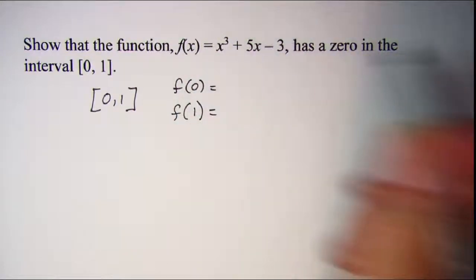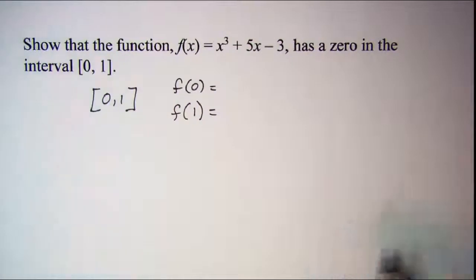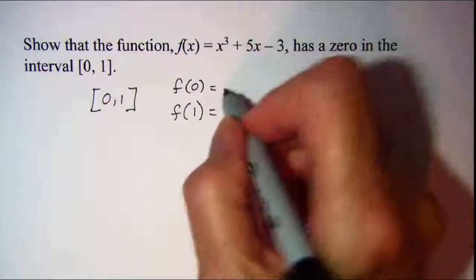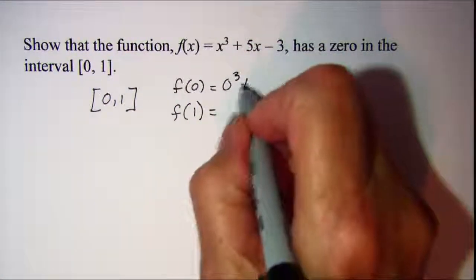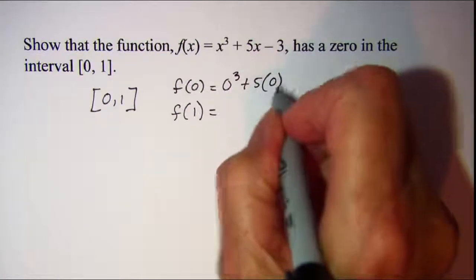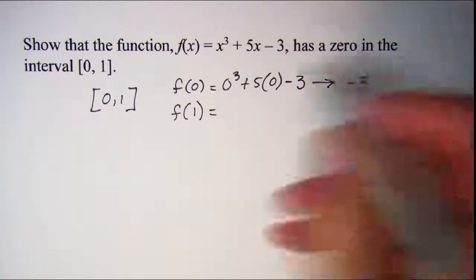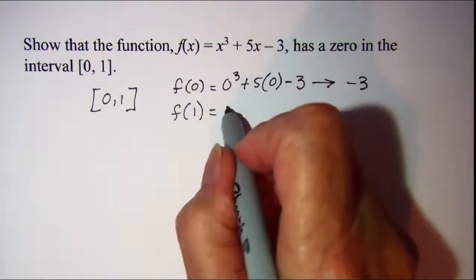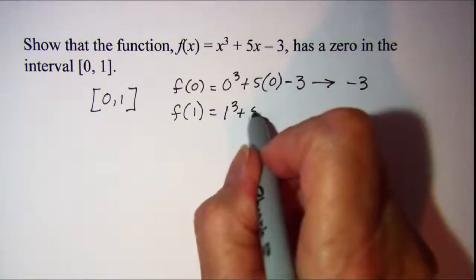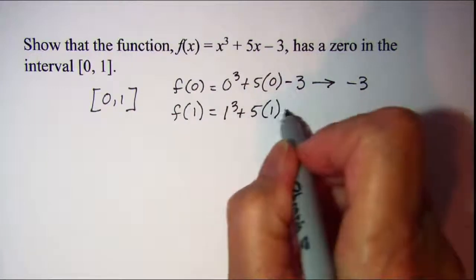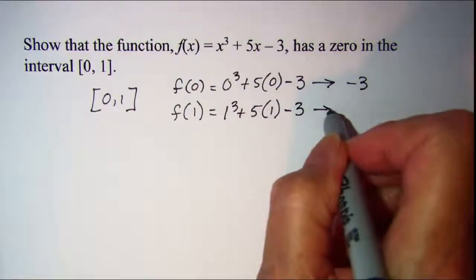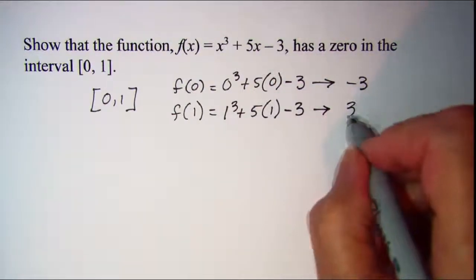And we need to show that those are not equal to each other. So f of 0 would be 0 cubed plus 5 times 0 minus 3. So that's negative 3. And f of 1 is 1 cubed plus 5 times 1 minus 3, which is 3.